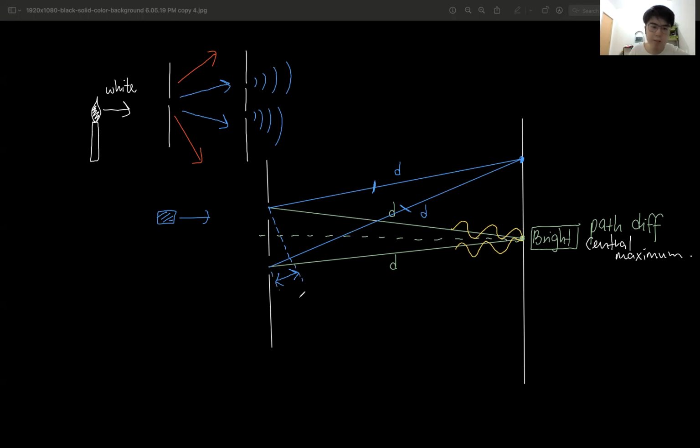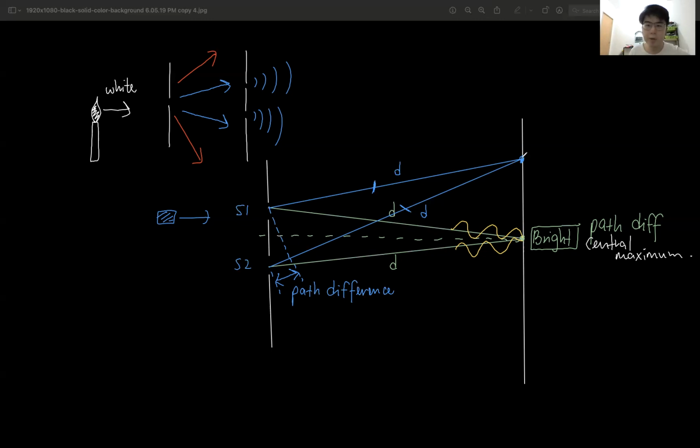Whatever this length is, we call it the path difference.